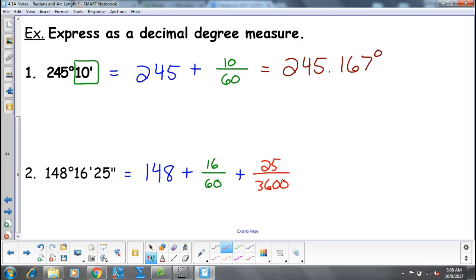Okay. And when you do all of that on your calculators, you should get, rounded to 3 decimals, 148.274 degrees.